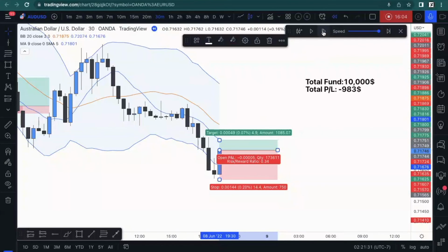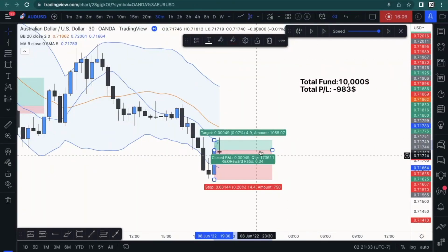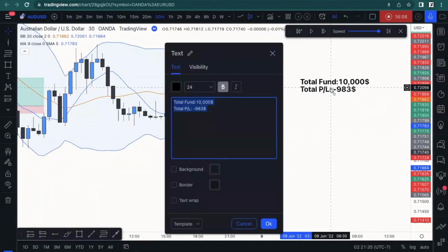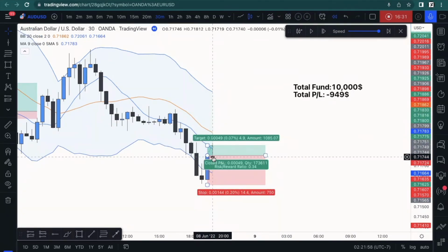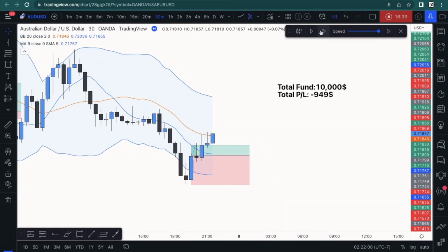That's very low risk to reward, just $34 of profit. Now 983 minus 34, I'm actually very bad at math. So once we take off 34, it's going to be $949 remaining. $949 in loss. Okay, let's continue.